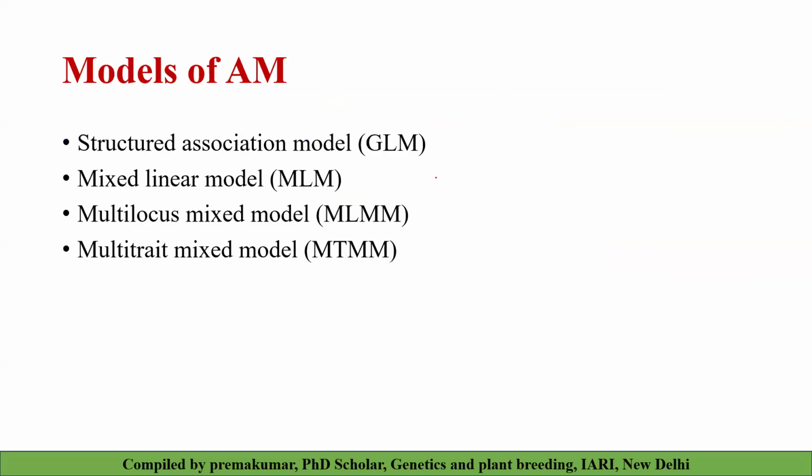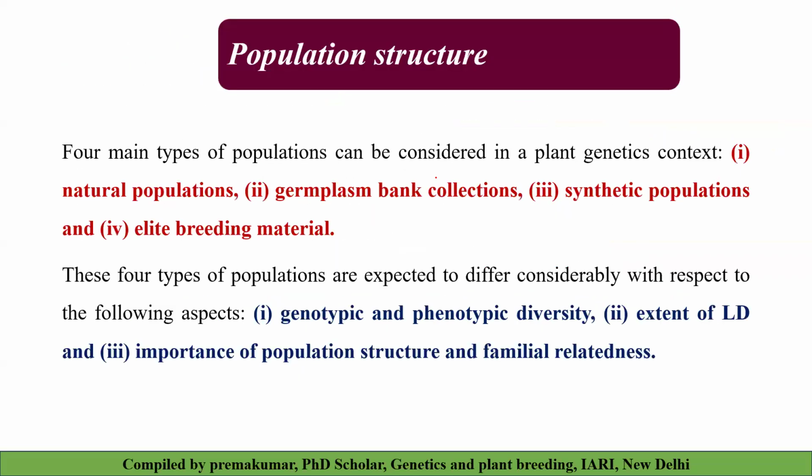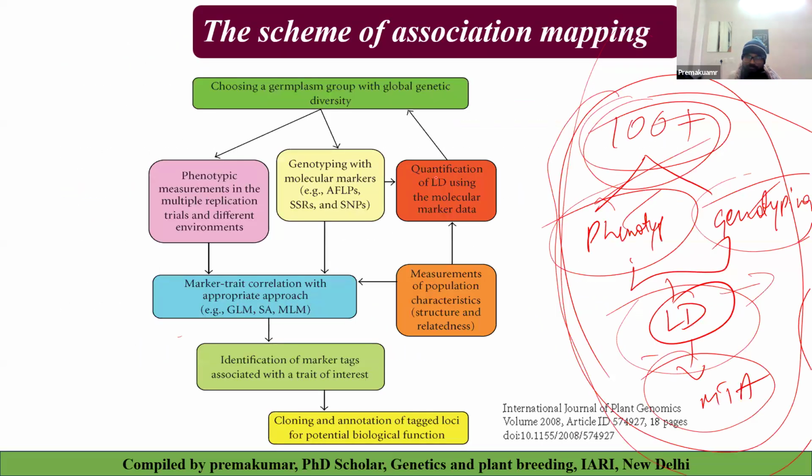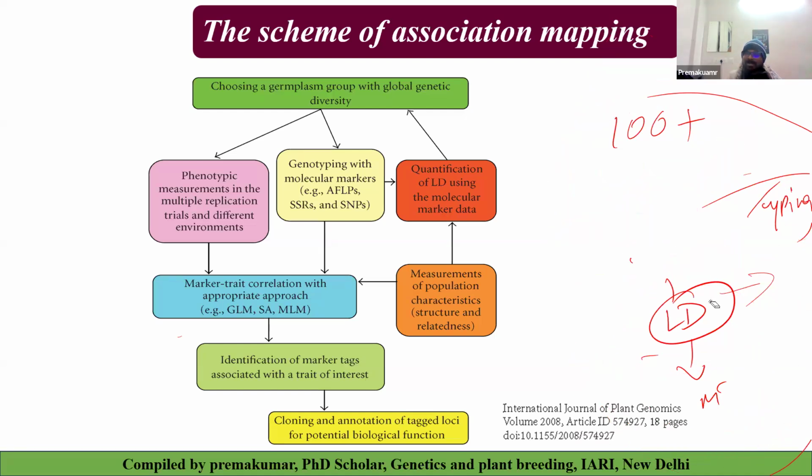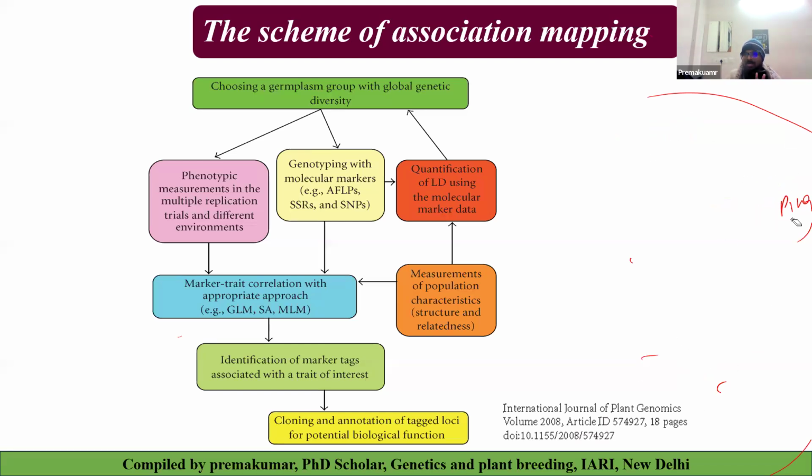Sir, how is power increased? It should be low power. I will discuss, I have discussed in previous classes. In the last class, I discussed power and what power is, because I have to explain more again when comparing association mapping and linkage mapping.